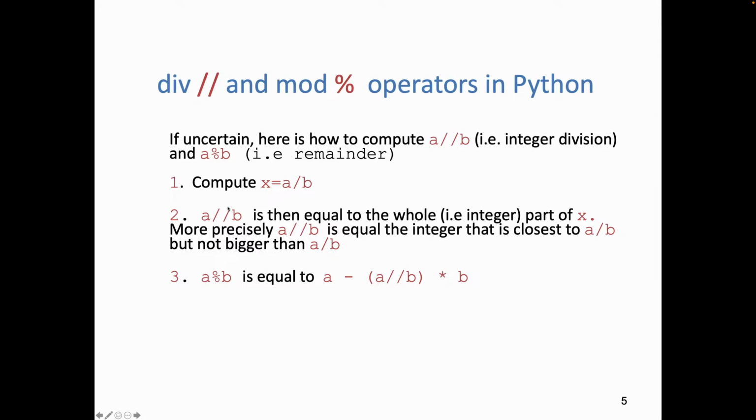While if there is a double forward slash, then it means the integer division, and it is equal to the whole part of x. x is the quotient in this one. More precisely, it is equal to the integer that is closest to the quotient x. However, it is not bigger than the quotient x. So the remainder of a divided by b is equal to this formula.